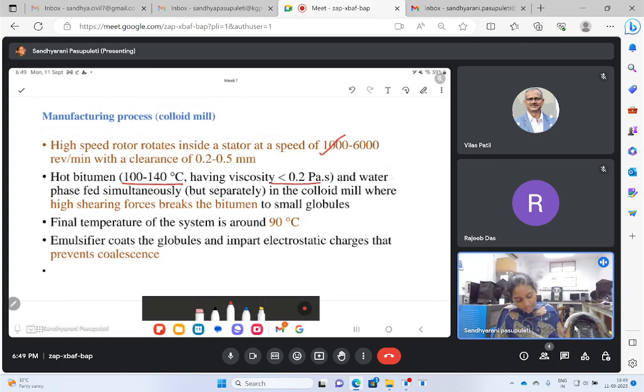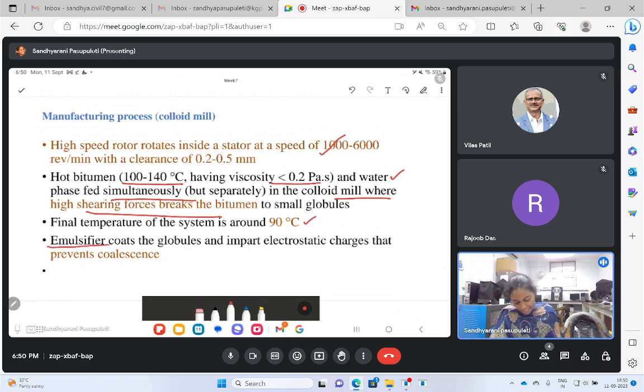Then water is added and simultaneously in the colloidal mill high shearing forces break the bitumen into small globules. So when this heated bitumen, on one side we will be adding water and from one side you will be applying the higher shear rate. So in the presence of this, the bitumen will be broken into small pieces. So finally the temperature of the entire system would be around 90 degrees.